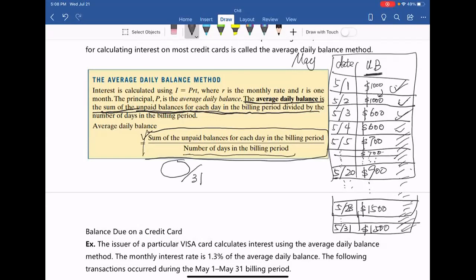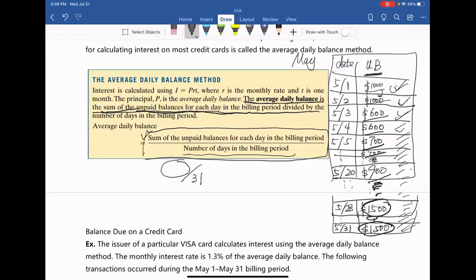That equals 1,000 plus 1,000 plus 600 plus 600 plus 700 plus 700 and several more 700, plus 900 plus 900 plus 900, then plus these. So that's a very long table.